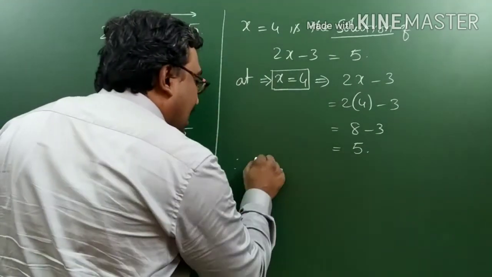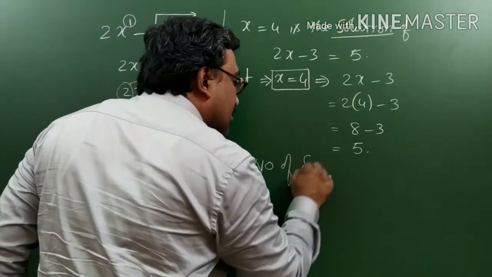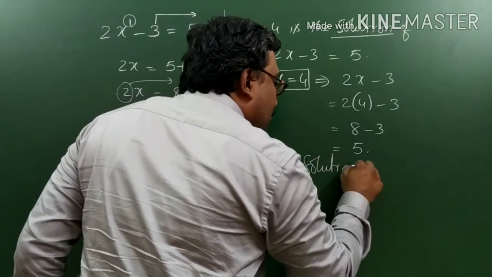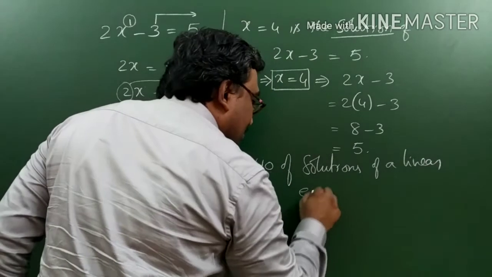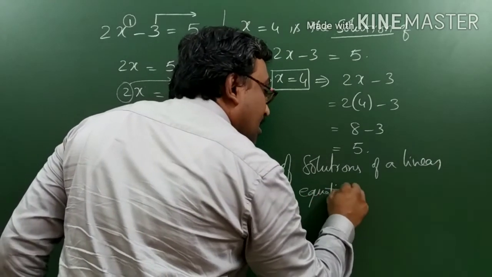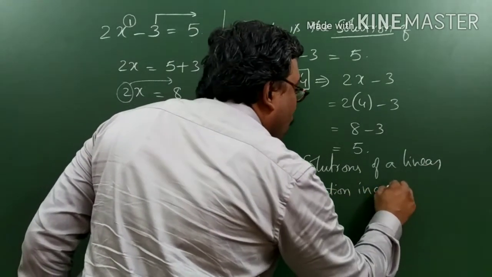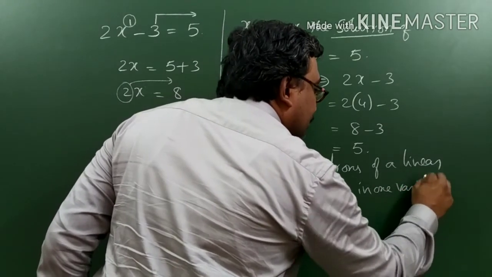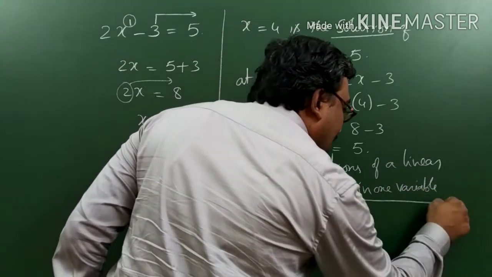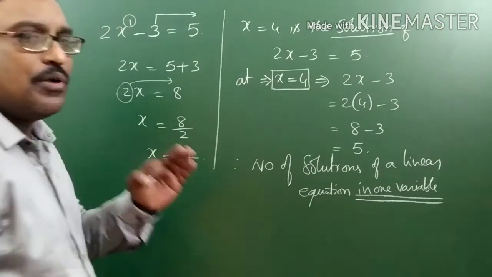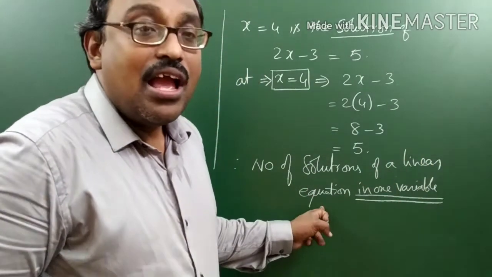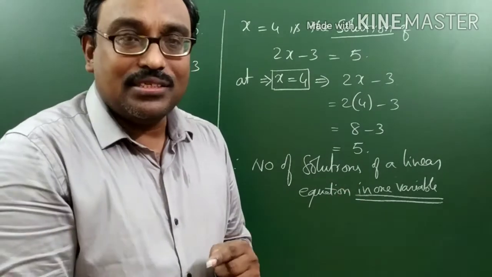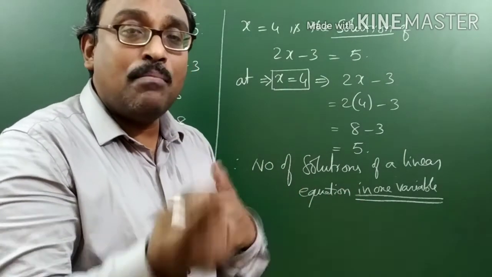Therefore, we can say the number of solutions of a linear equation in one variable. In one variable is a very, very important phrase. The number of solutions depends on the number of variables.